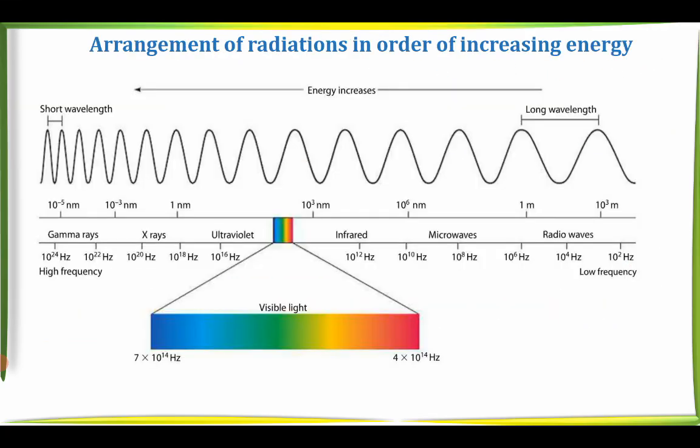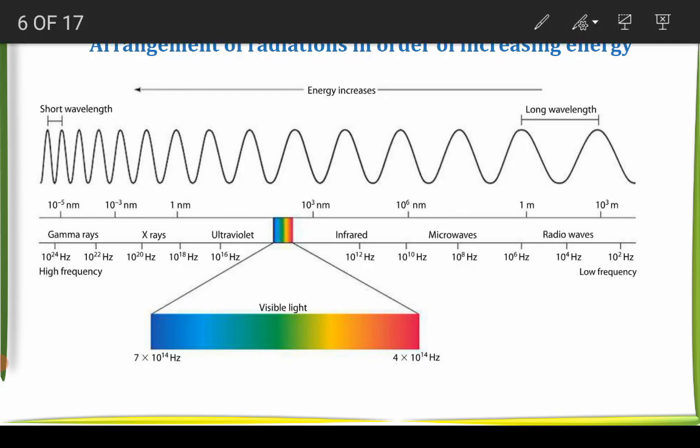Let's proceed. So what we said is that one important criteria is to arrange the radiations, the waves, in order of decreasing wavelength from radio to gamma, or in order of increasing frequency.